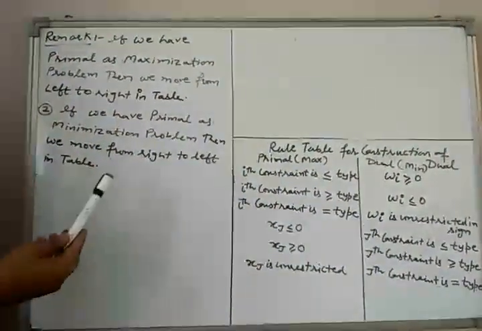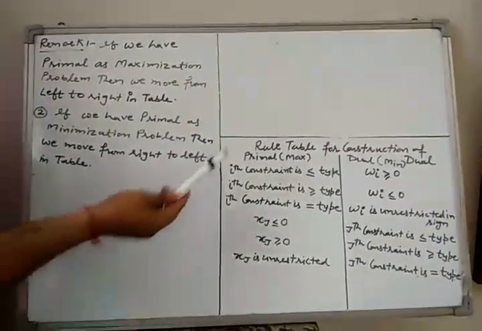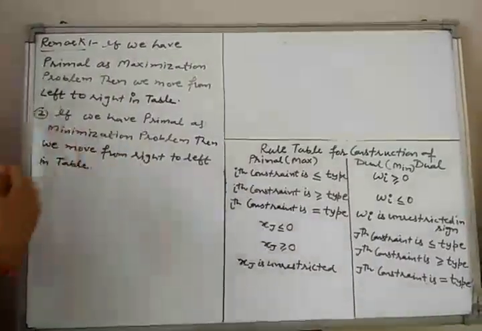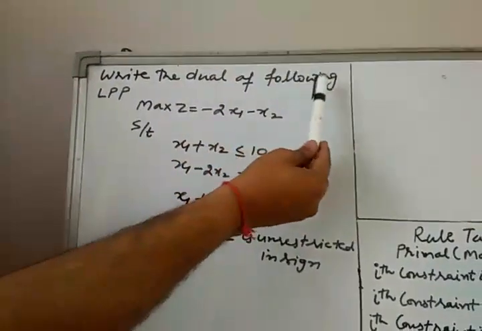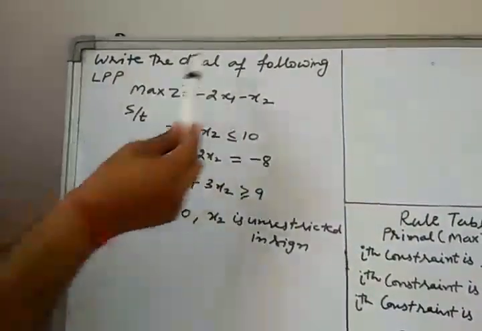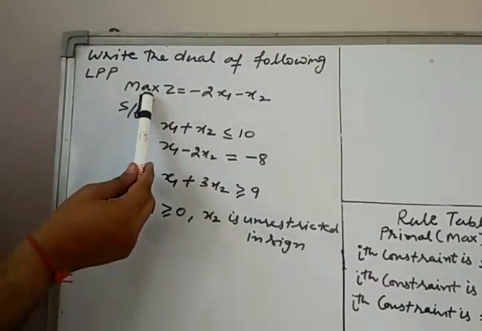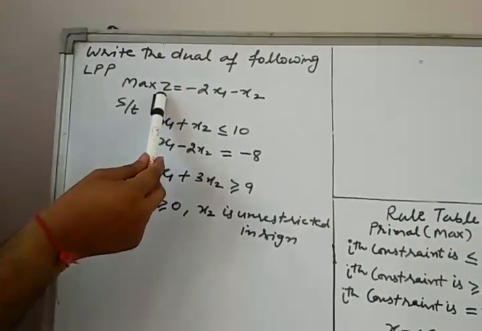Now we will discuss how to make the dual of a primal problem with the help of examples. Now we discuss how to write the dual of this following LPP. Because this problem is of maximization, our primal is a maximization problem.